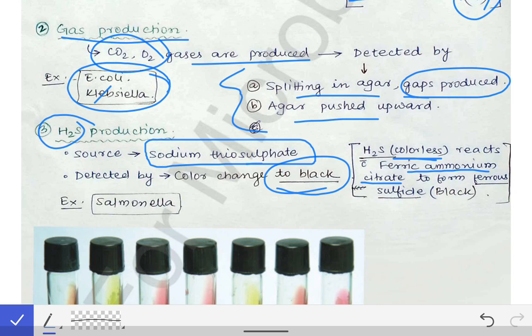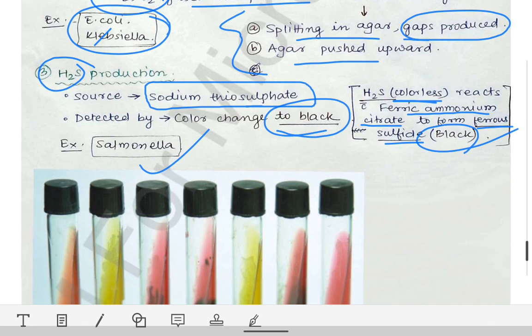When that H2S combines or reacts with the ferric ammonium citrate, that produces ferrous sulfide, which is black in color. Due to this ferrous sulfide, this black color change occurs in that medium, and we say that the H2S gas has been produced. Now this H2S gas production is done by Salmonella. This is an example.